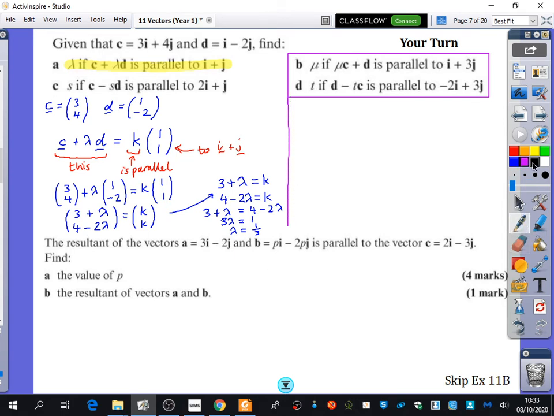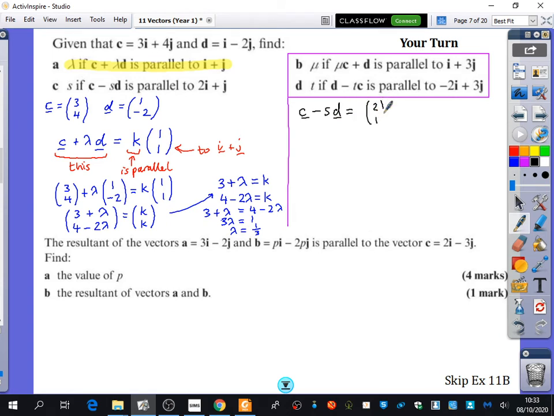So this next one that I'm going to do is question C, and it wants me to find out what S is if C minus SD is parallel to 2, 1. So I'm going to write that sentence out properly in maths. I want C minus SD is parallel to 2, 1.